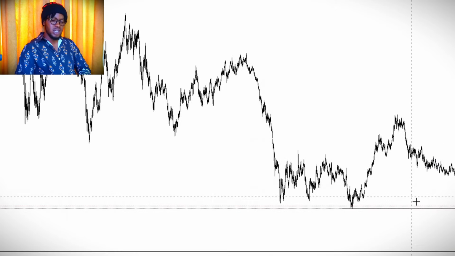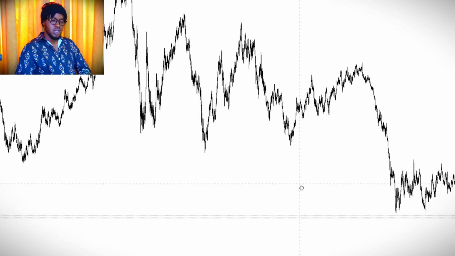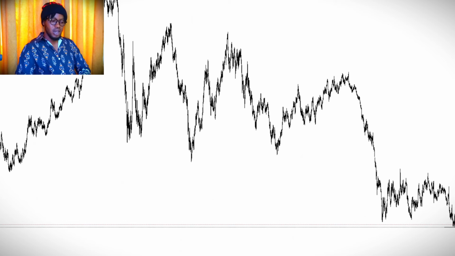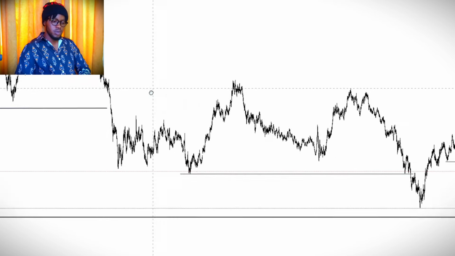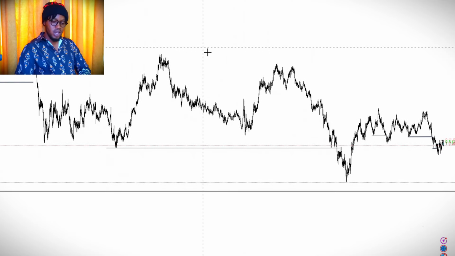If you can start calculating from this point, if you can start marking out your market structure, you can see a break of structure right here, then a break of structure right here clearly. And here you had another break of structure.